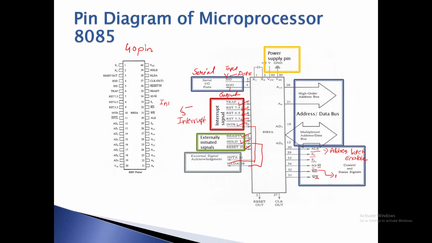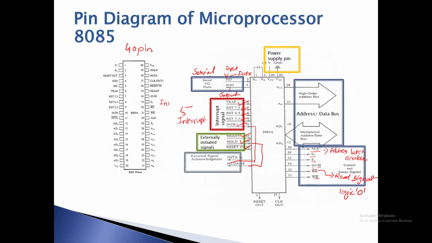RD is the read signal. We can observe that to activate the read signal, you have to activate RD. Now, as you can see, RD has a bar over it. That means when you have to activate this read signal, you have to provide logic 0 rather than logic 1.